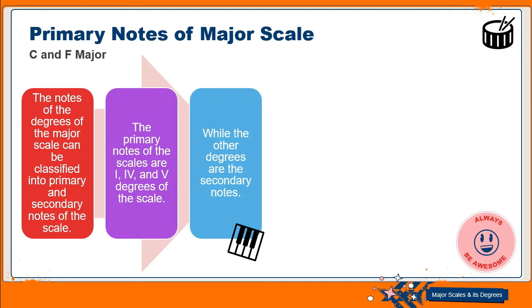An example of the primary notes of C major and F major is what we are going to be looking at. The first note of the scale takes its position from the name of the scale on the staff.